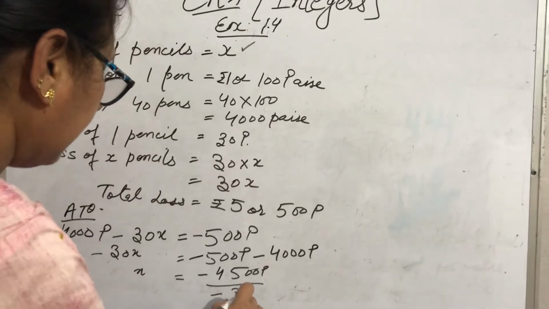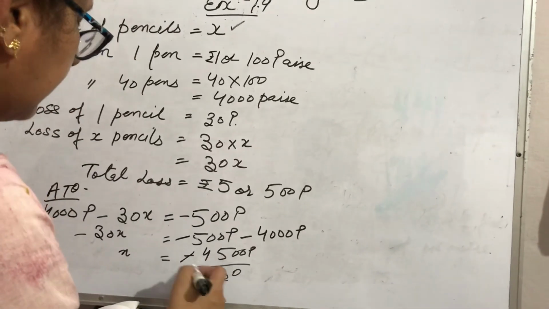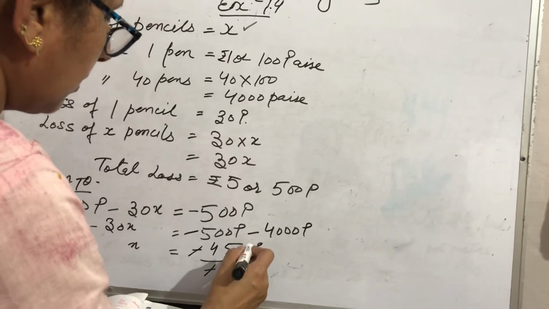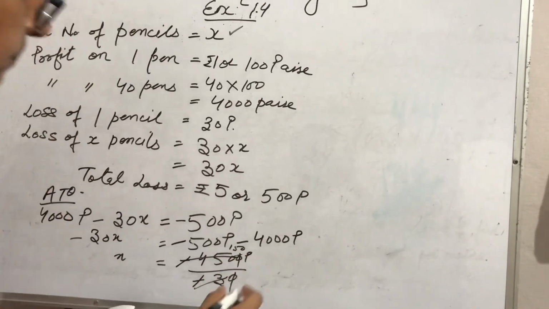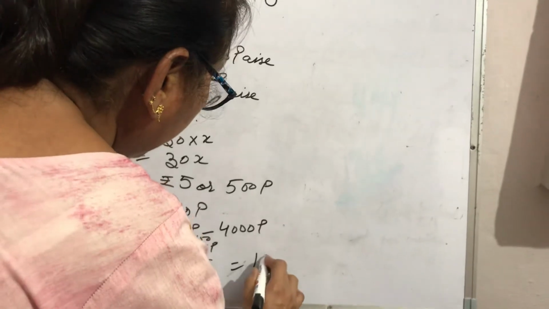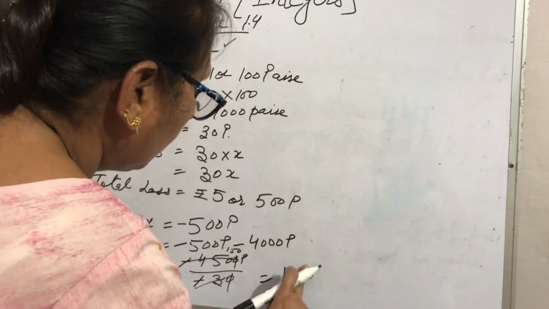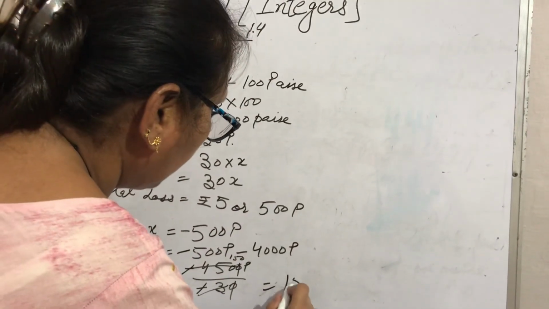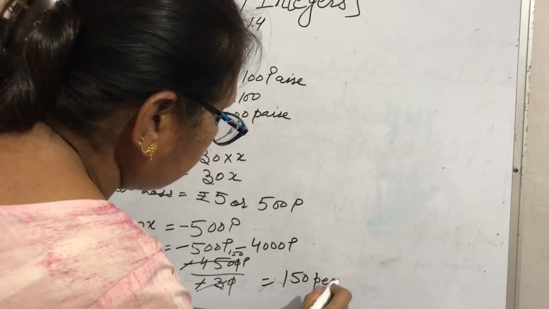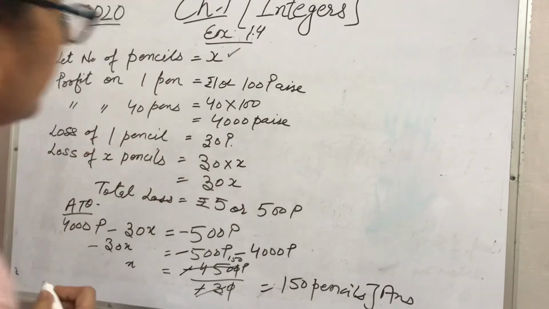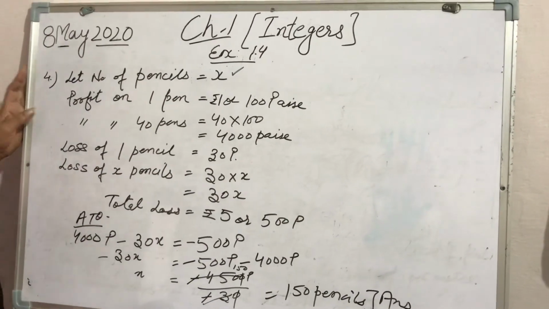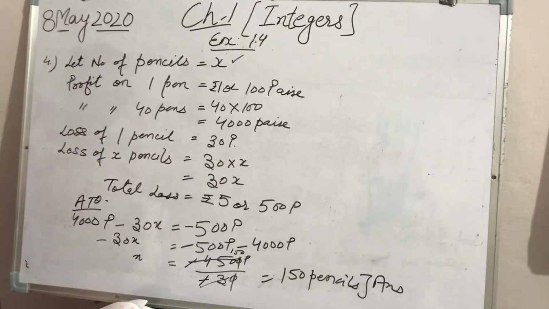Upon minus 30. Minus with minus cancels, and 4,500 divided by 30 gives 150. So there are 150 pencils. That is the answer.